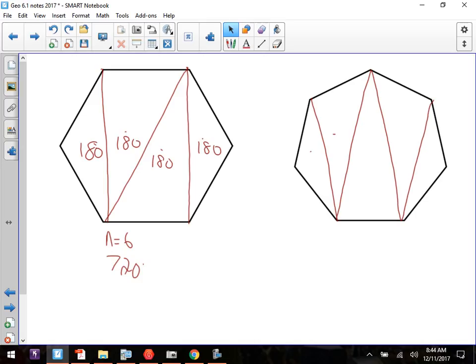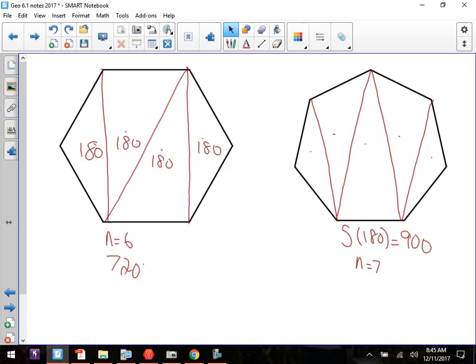So we have 1, 2, 3, 4, 5 triangles. When I'm saying n equals 7, that n value stands for number of sides. So what's 5 times 180? 900. So in a 7-sided figure, you get 900 degrees.